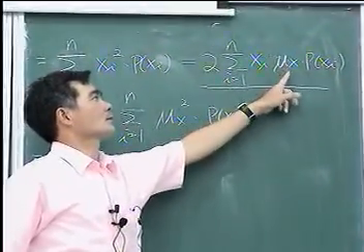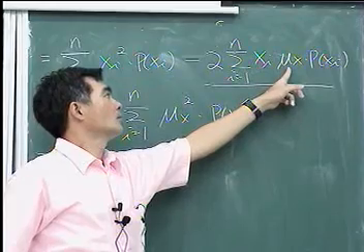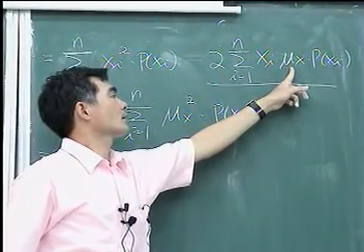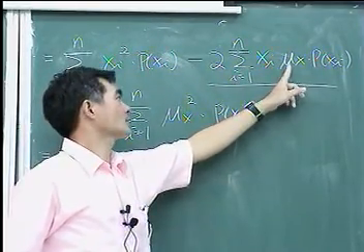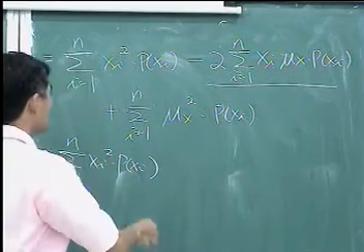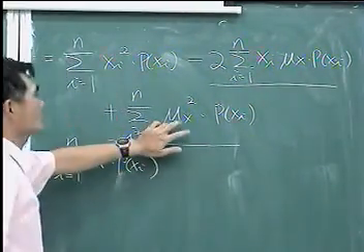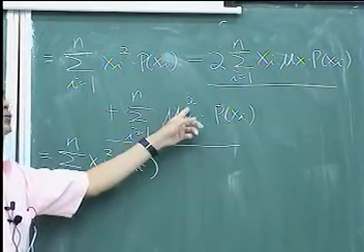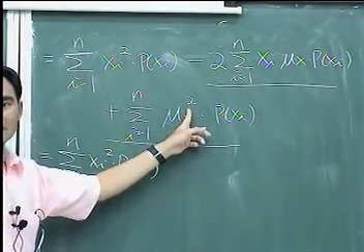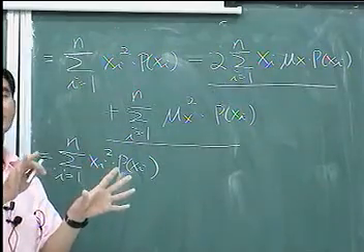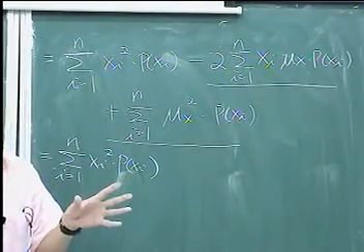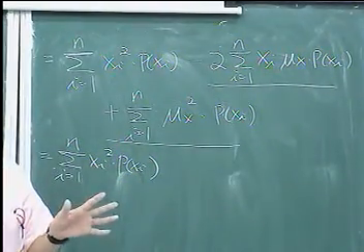Because mu x is a constant. Mu x squared is also a constant, because when you calculate the mean, it is a set number, a given number, it's a constant.